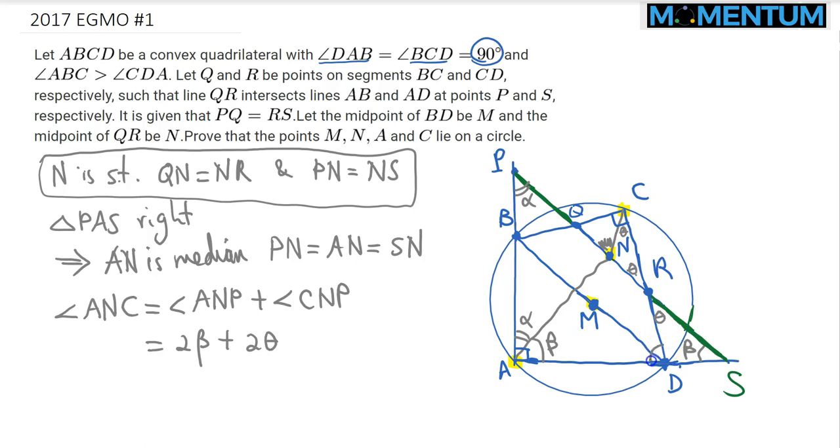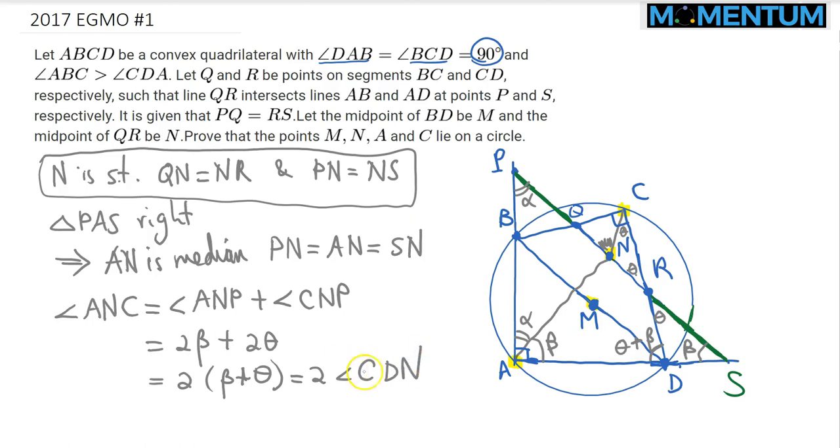But this angle over here is an exterior angle of triangle RDS, and as such, this is theta plus beta. Aha! So we are done, right? Which is equal to 2 times beta plus theta, but beta plus theta is just angle CDA, right? So ANC is 2 times angle CDA.